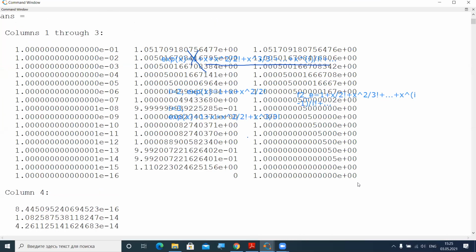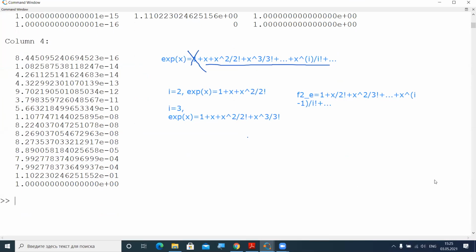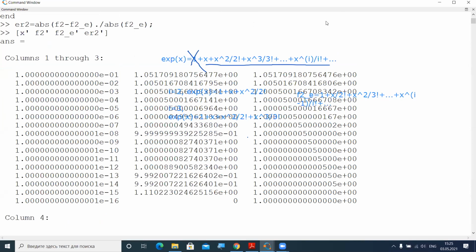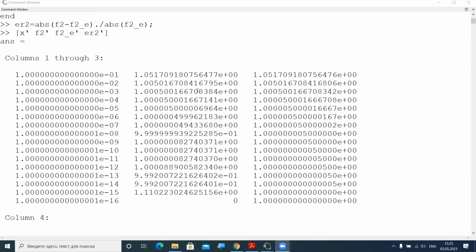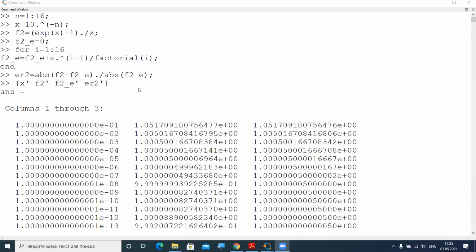You can see another result here, and let me clear all of them. So now we have the new function f2e. We use the Taylor polynomial for e to the power of x. But after putting e to the power of x, the 1 and 1 are canceled, and after dividing we have this kind of formula now. I think it's clear now.